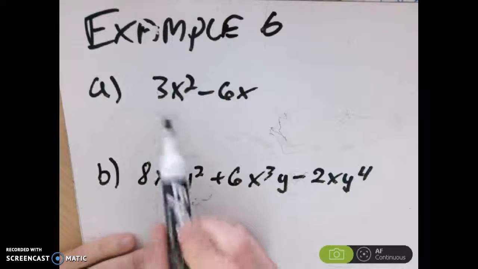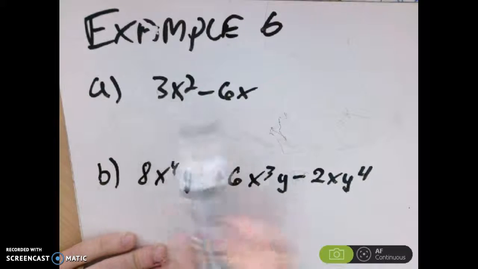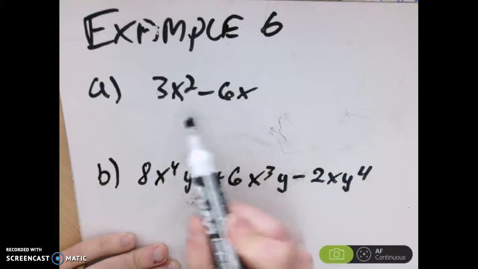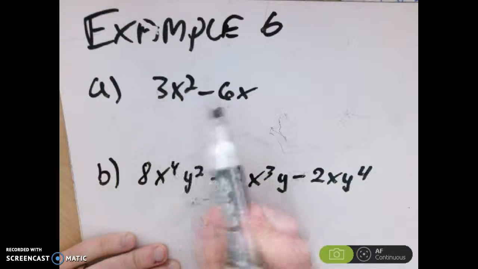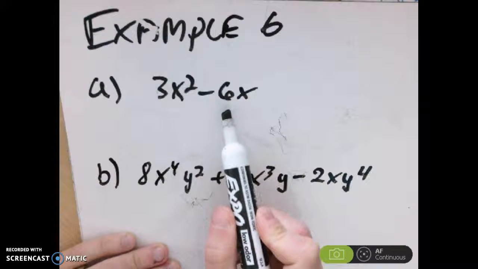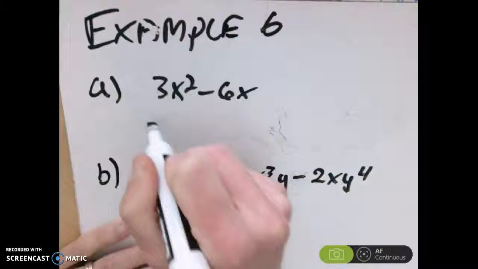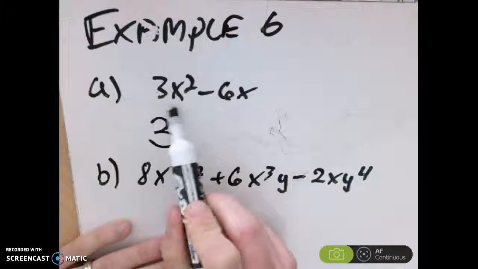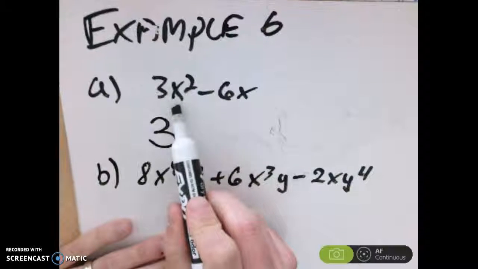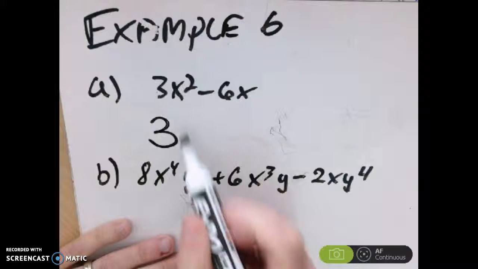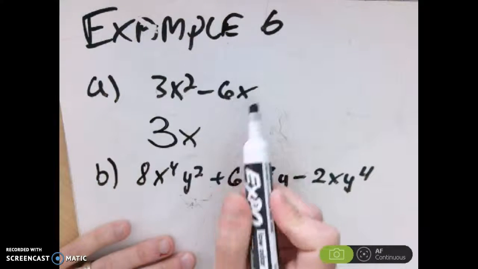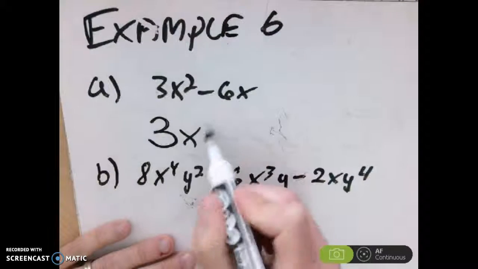So if we look at A, we have 3x squared minus 6x. I go, okay, what goes into both 3 and 6? 3 goes into both. And then do both terms have an x? They do. What's my lowest power of x? It's over here, x to the first, so I'll leave it as 3x.